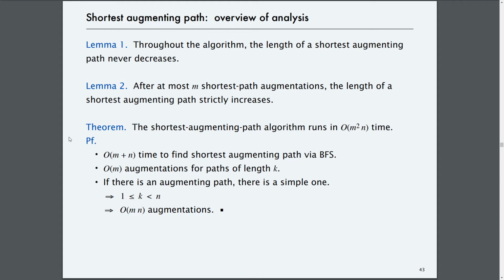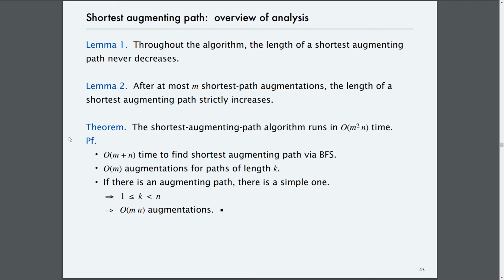We'll have O of m plus n time to find shortest augmenting paths via BFS, O of m augmentations for paths of length k, and if there is an augmenting path, then it is simple. K is going to be less than n.